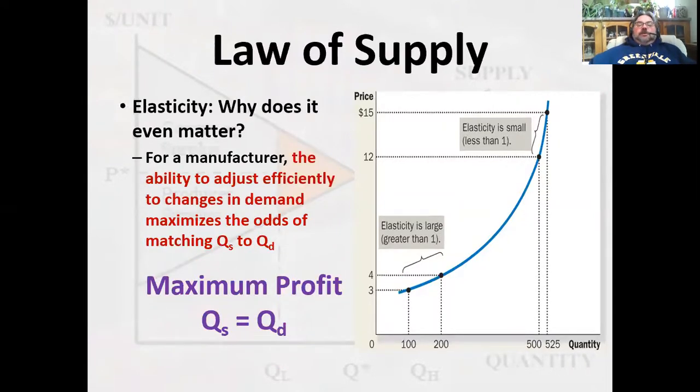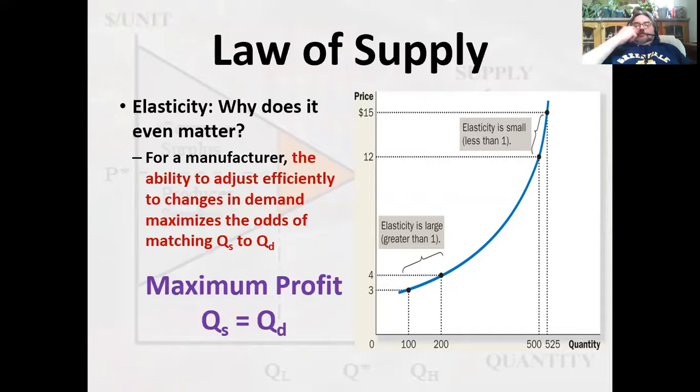Now, why does it matter? Well, maximum profit. For the manufacturer, the producer of the goods, the ability to adjust to changes in demand maximizes the odds that the quantity supplied at any price is going to match the quantity demanded at any price.